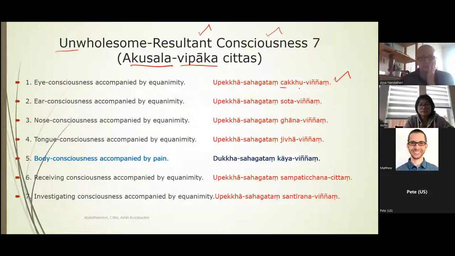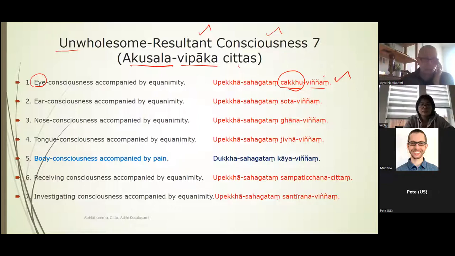Here, cakkhu means eye. Vinnana is another word for consciousness, or knowing, we can translate it as knowing. Actually, cheta means knowing or recognizing.